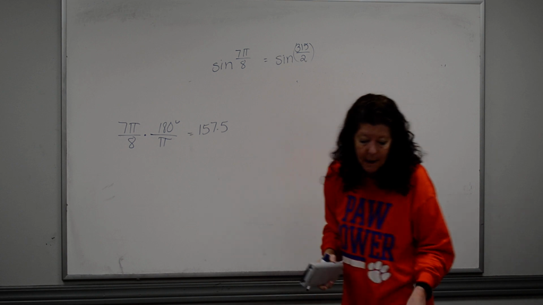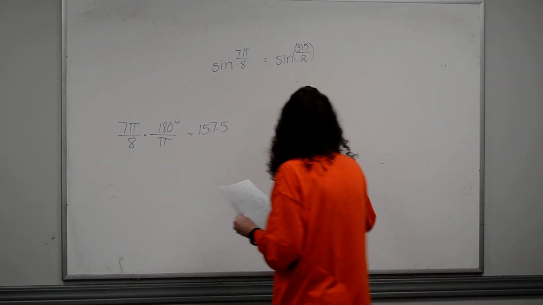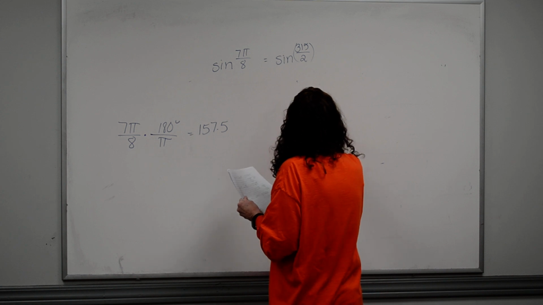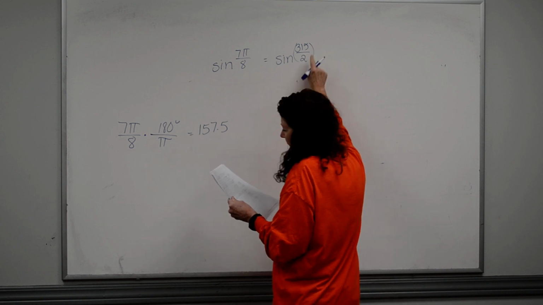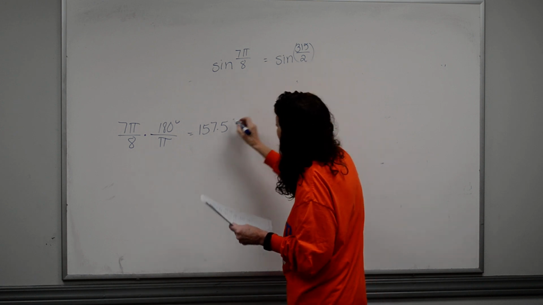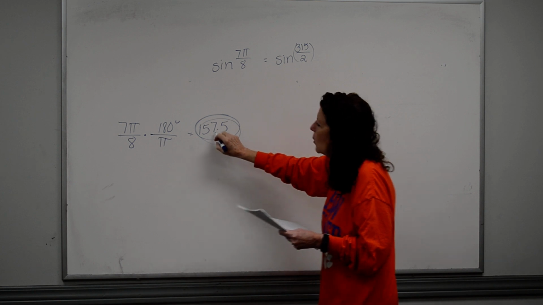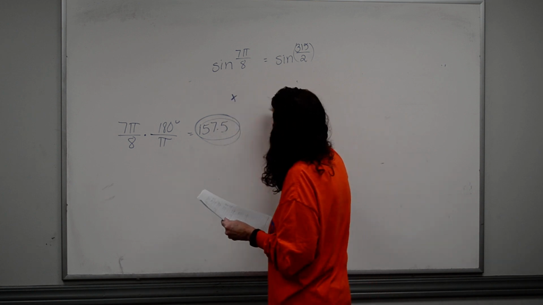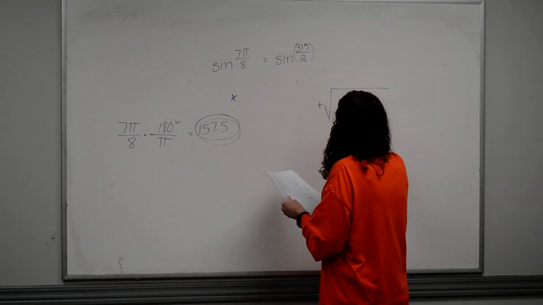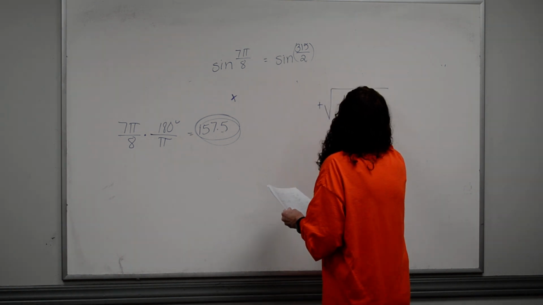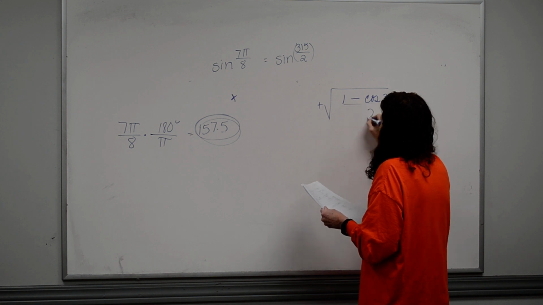And then I'm going to use my half angle identity on it. So I am going to look at this, okay? It's going to be the sine of this, and I'm looking at this degree right here, and the sign in the second quadrant, which is where that would be, is positive. So I know it's positive square root of 1 minus the cosine of 315 divided by 2.